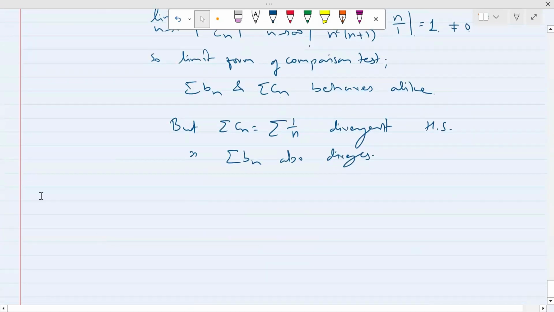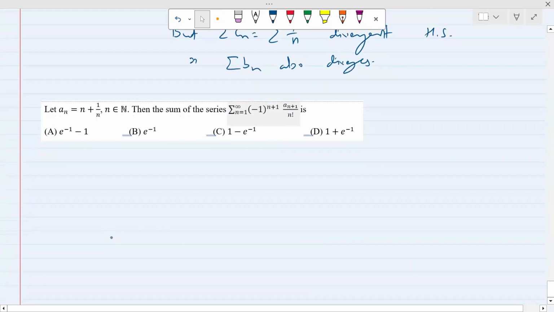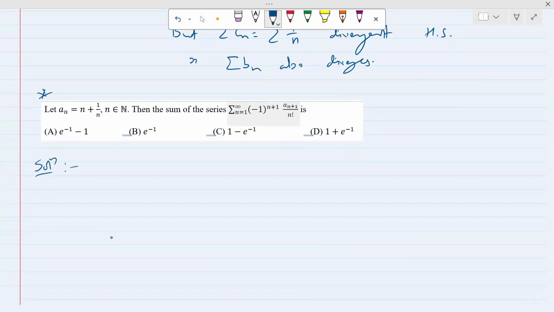Here is another question. Is it visible to all of you? Yes, sir. So what the question says: an is equal to n plus 1 for n in N. Then we want the sum of the series.